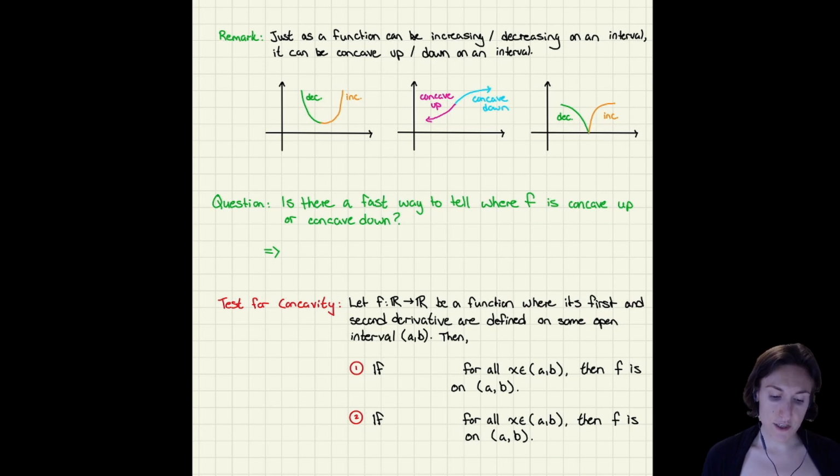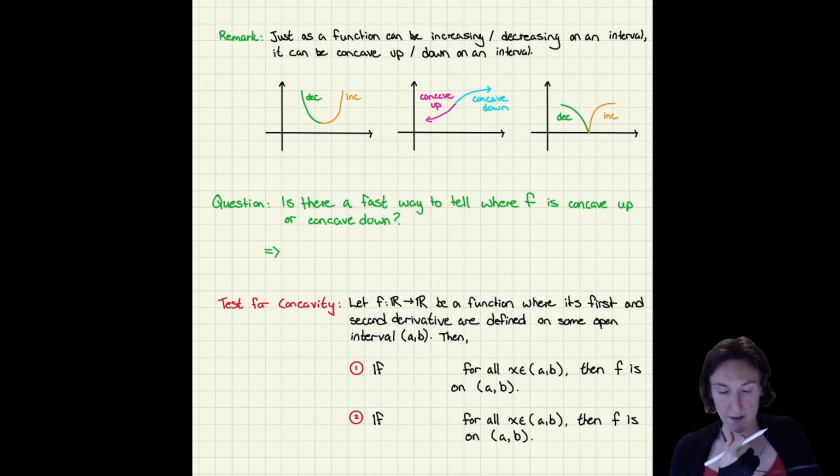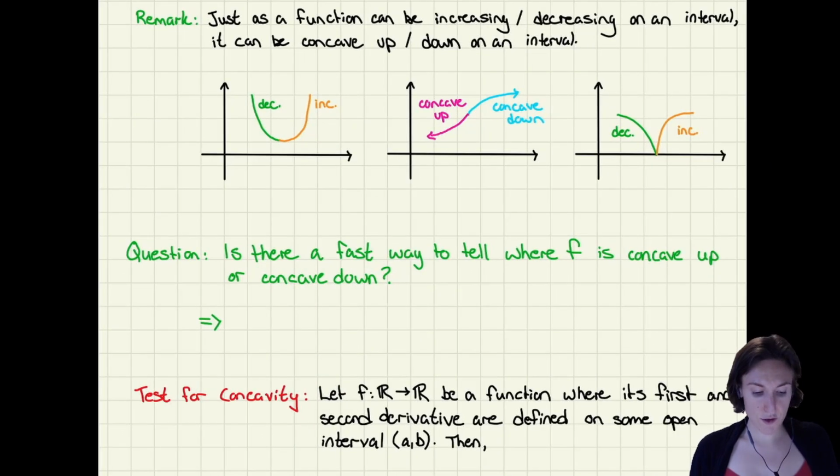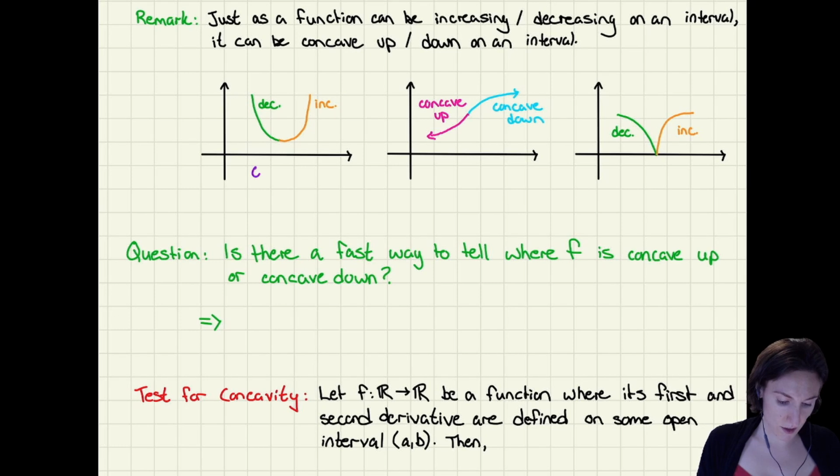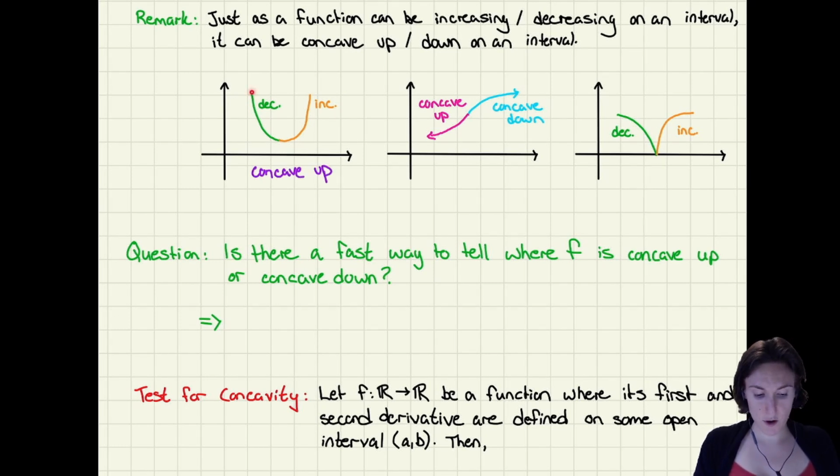Now, just as a function can be increasing or decreasing on an interval, this is also true for concave up and concave down. There can be certain regions where you're concave up or concave down. So if we look at this first one, for example, this is like a smiley face. So in that whole region, this is concave up, where in this first part our function is decreasing, and then we're increasing. For this function, which is actually always increasing, its concavity is not consistent.